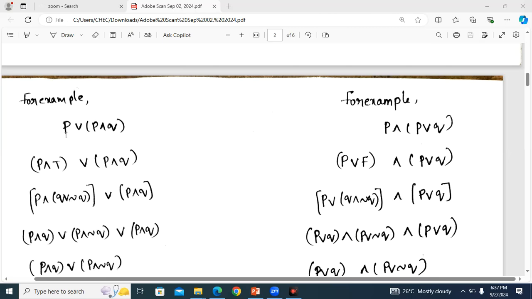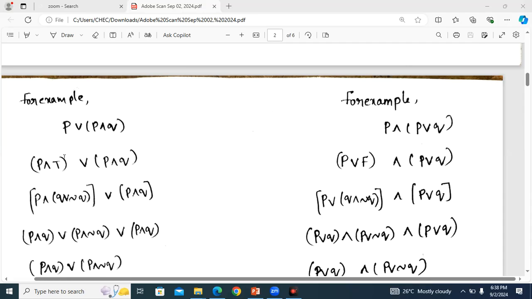So we need to convert the given compound statement into PDNF. PDNF is defined as a sum of min terms, so we change the elementary product into a min term. That is the reason we replace P by P and true using the identity law.